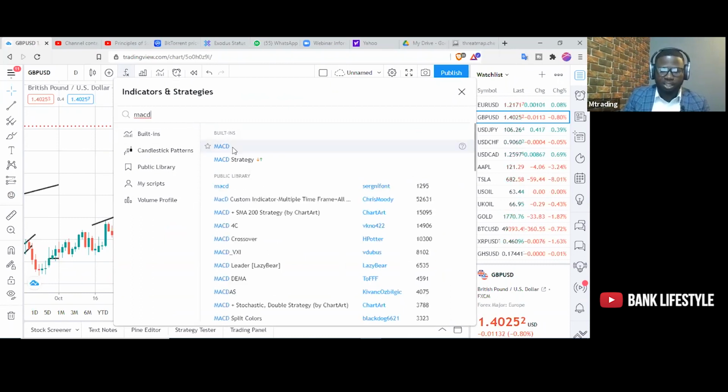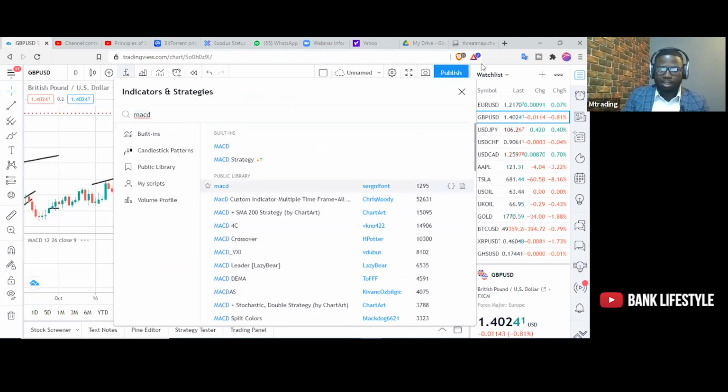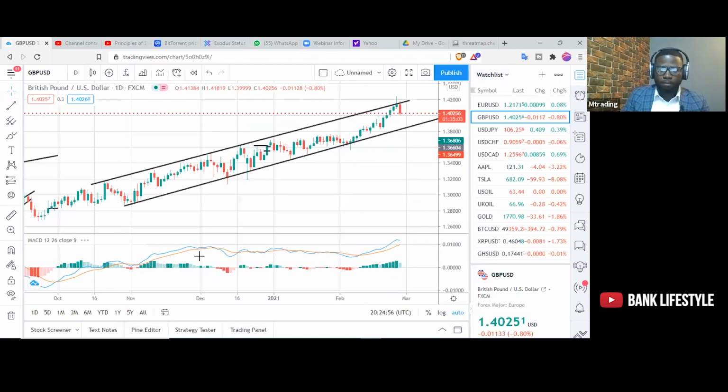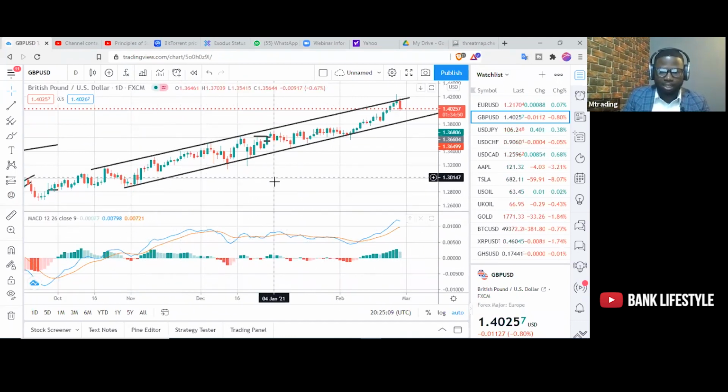You see we have a lot of MACDs over here, but these are not what we are looking for. We are looking for the main one, the inbuilt MACD. So you just click it. There you go. This is the MACD in our charts. This is how it looks.